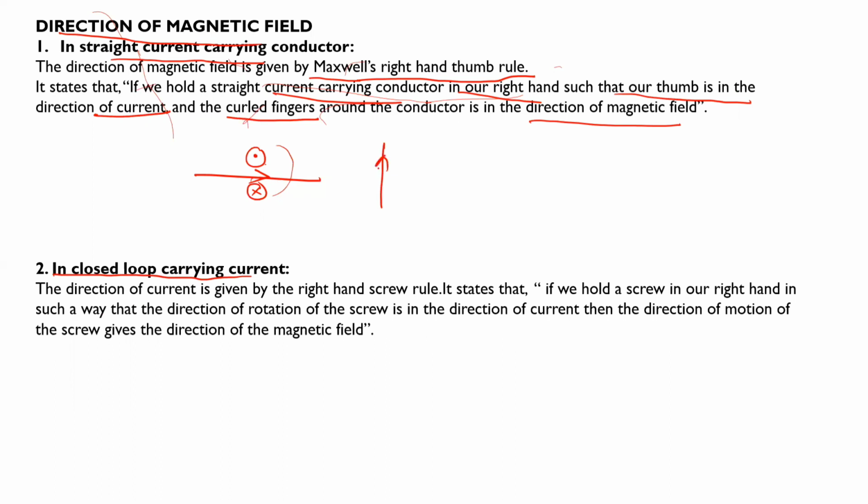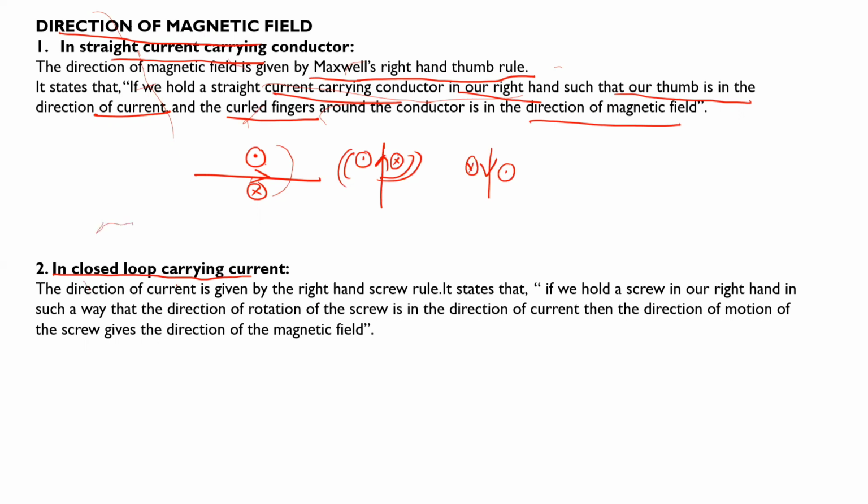Similarly, if you take your thumb to be in this particular direction, you will see this side the magnetic field is inward, this side is outward. Similarly, if you have it in this direction, this side it's inward, this side it's outward. So this is how you can see. Very simple, just take the direction of current towards the thumb and you'll get it.